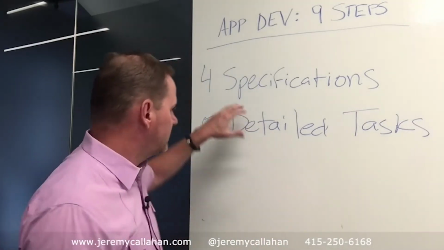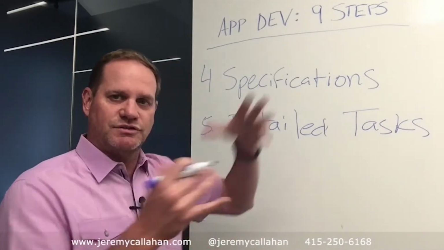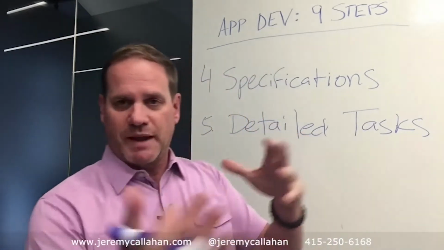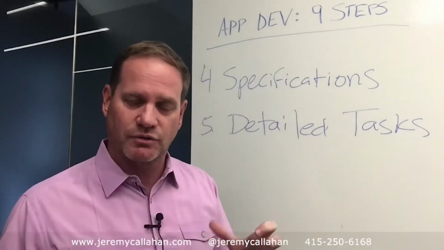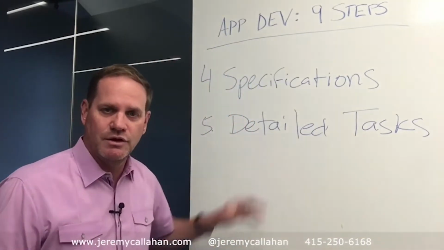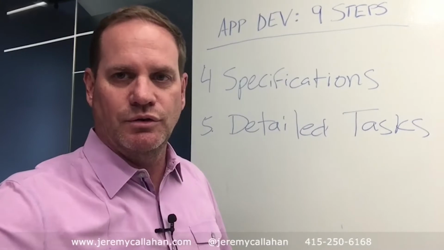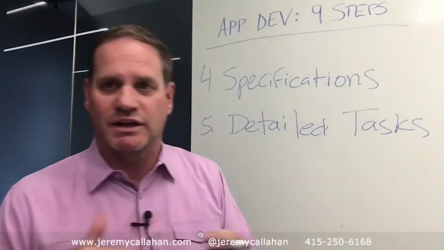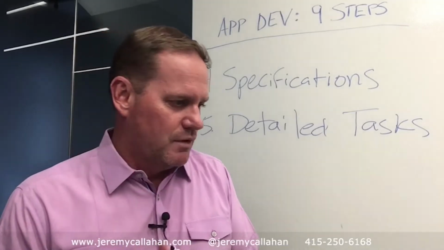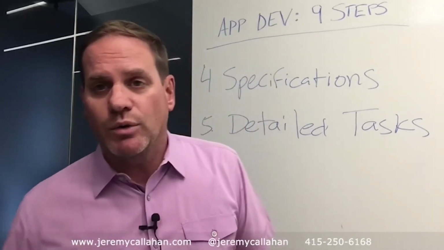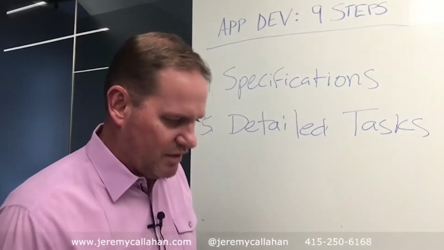So what we want to do is take the specification, and let's just say it's the login screen. We take just the first page of the specification, the login screen, and now we have all the tasks that go along with it. So we might say, we need to store this in the database. We need to create a database. We need to create web hosting. We need to create a URL. We need to get a logo. So all the tasks that you need.